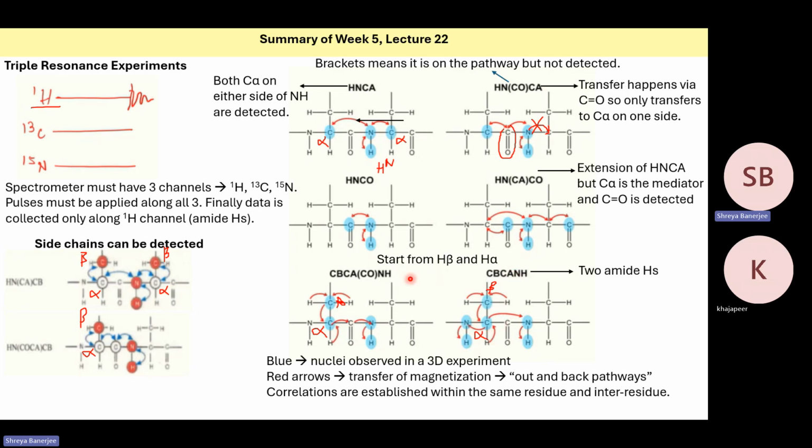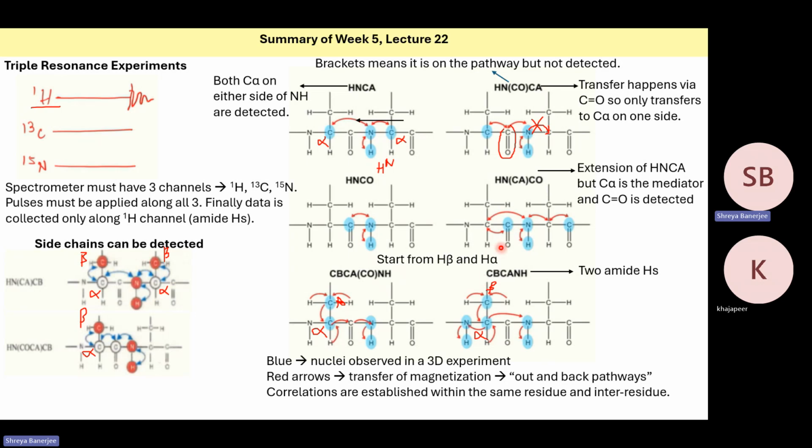The difference between these two experiments is that this experiment uses CO as a mediator. So you can only transfer the magnetization to the NH of the next residue. You cannot access the NH of the same residue because there is no carbonyl over here.